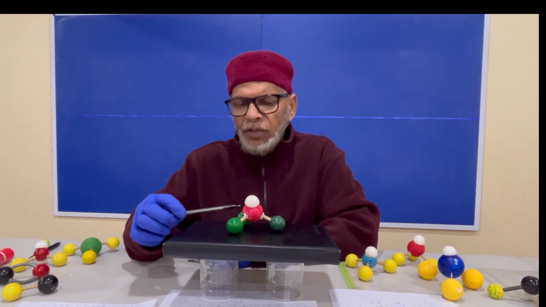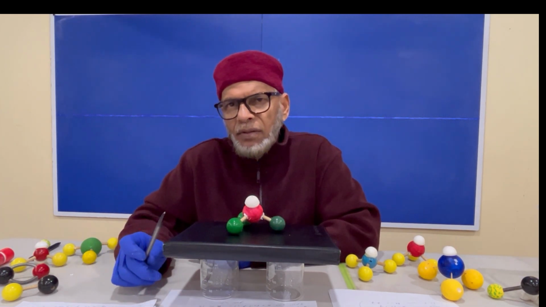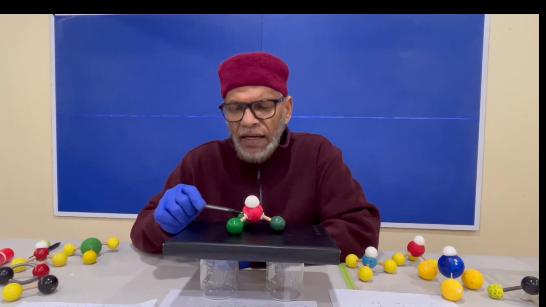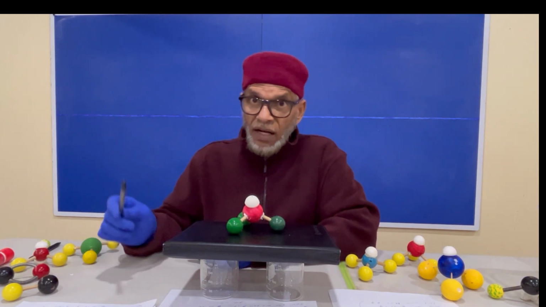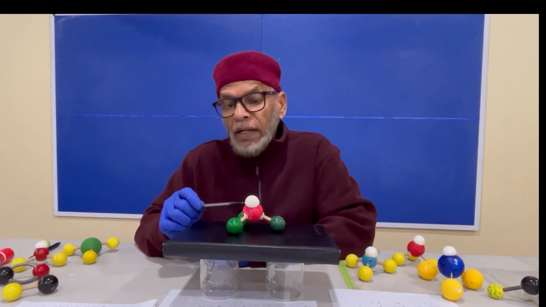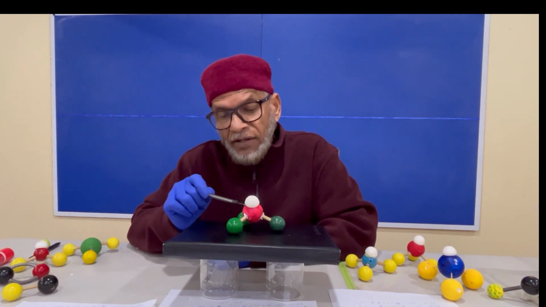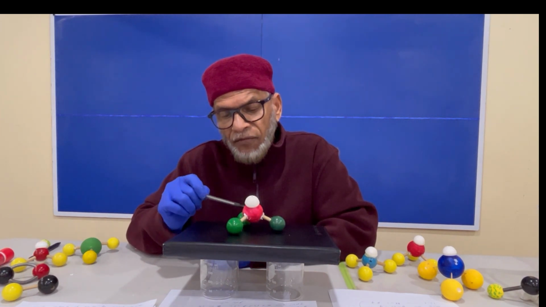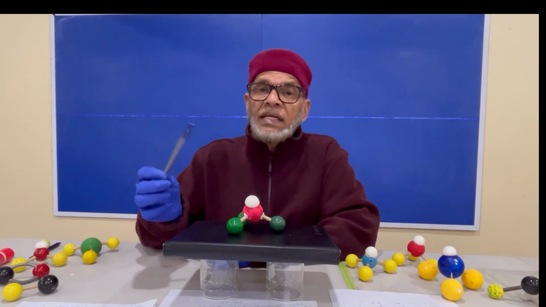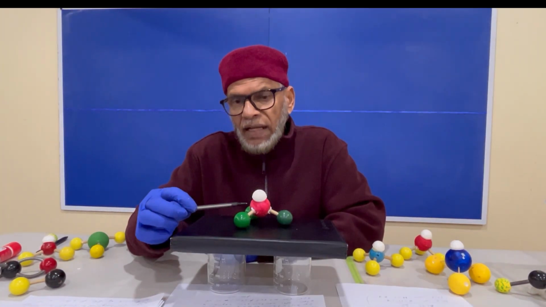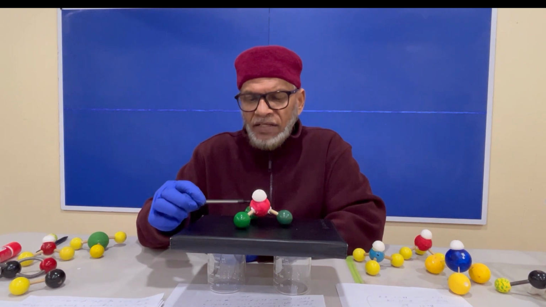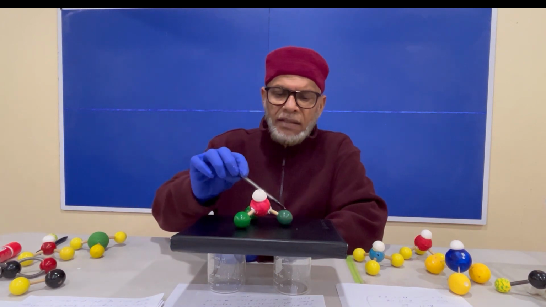Which of the two bonded atoms is more electronegative? The chlorine atoms are more electronegative than the phosphorus atom. As such, the chlorine atoms will be pulling electron cloud away from the phosphorus atom. Or we can say that each chlorine atom is exerting a pulling force on the central phosphorus atom downwards.